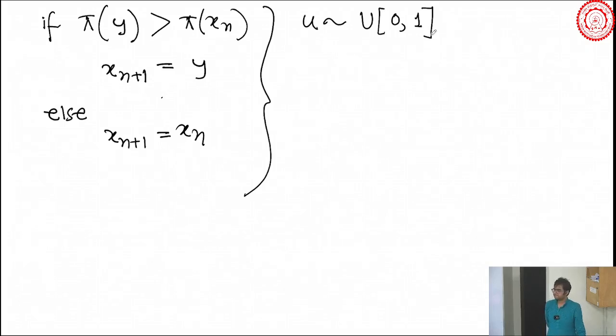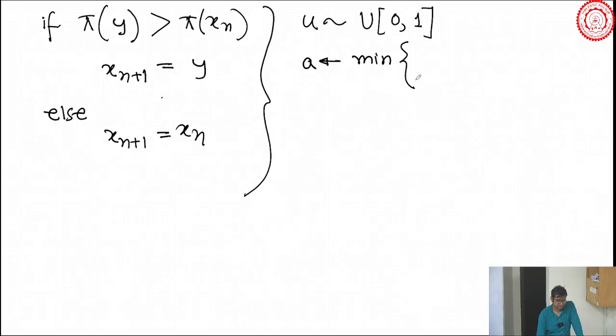And then you will calculate something that is known as acceptance ratio. You find out the acceptance ratio, and this is defined as the minimum of 1 comma pi of y over pi of xn.